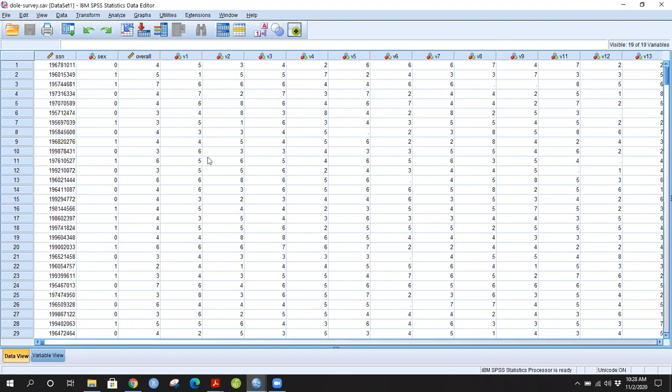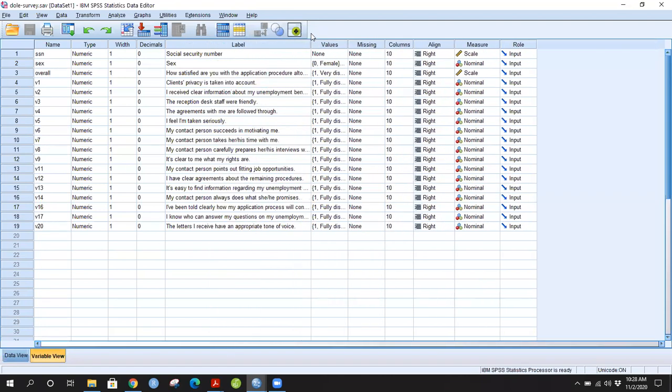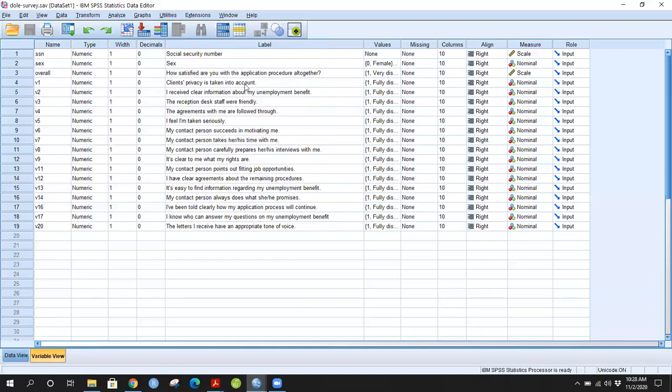All right. So upon this data set, which is primarily a survey data set, people have responded to an unemployment benefits survey, in fact. So we have taken all these variables from V1 to V20 to reduce our number of variables to some shared components, or what we call the factors.